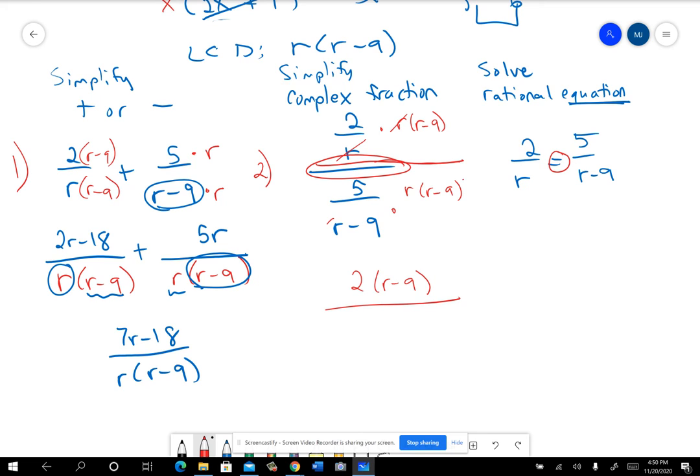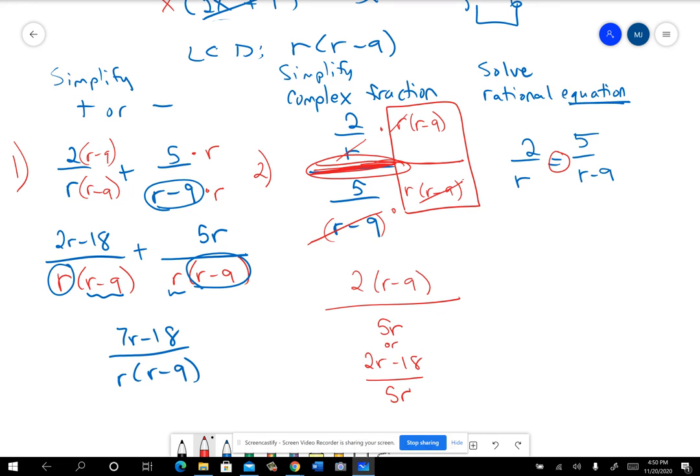Down here, see how the R minus 9 right here would knock this R minus 9 out, and I'd have a 5R on the bottom. I can't simplify that anymore, so it would be okay to leave your answer that way or to leave your answer multiplied out. Either one of those is okay. So with this one, there's a way to clear the fractions because you have that large fraction bar and you can multiply by something equal to 1 and it just knocks out those denominators.